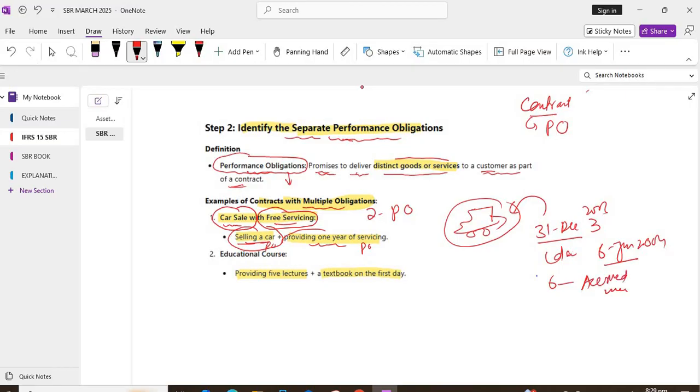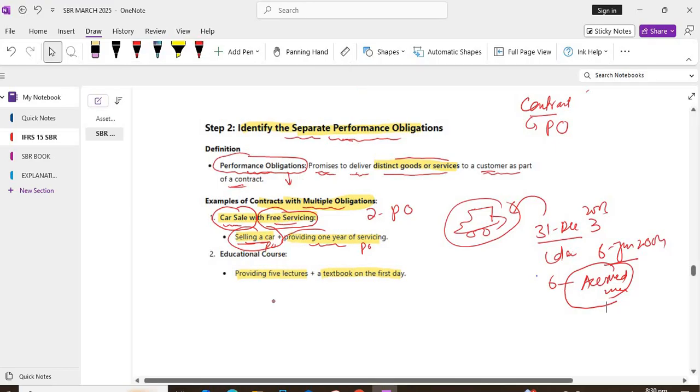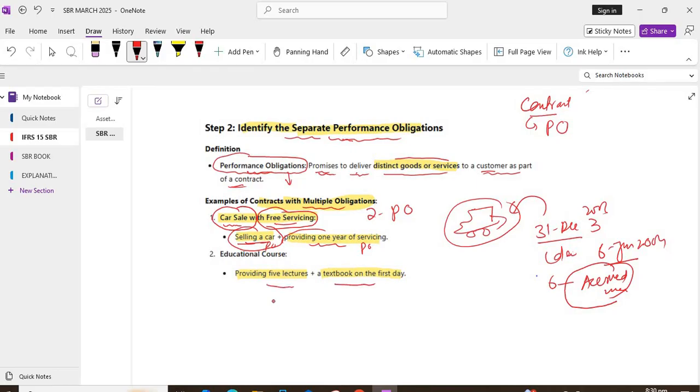It means you have received the money, but you have to provide the services later on. So providing 5 lectures plus a textbook on the first day is one obligation, and this is the second obligation. Clear?